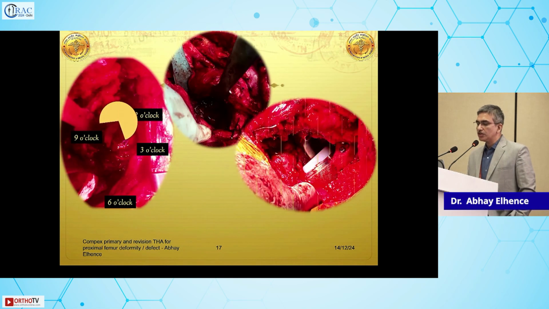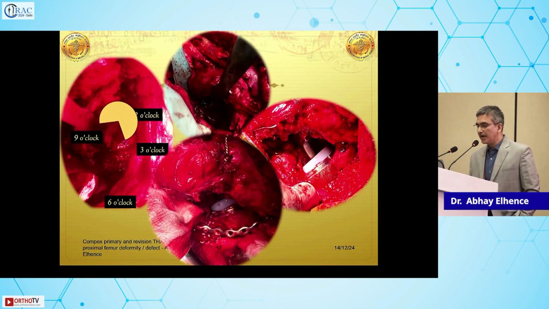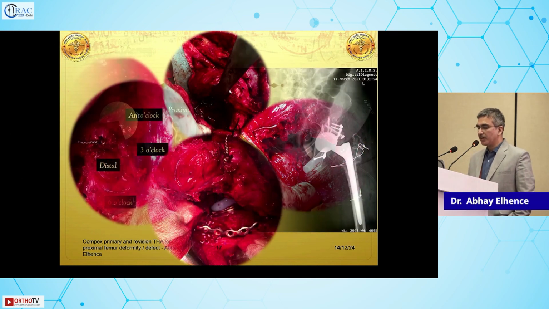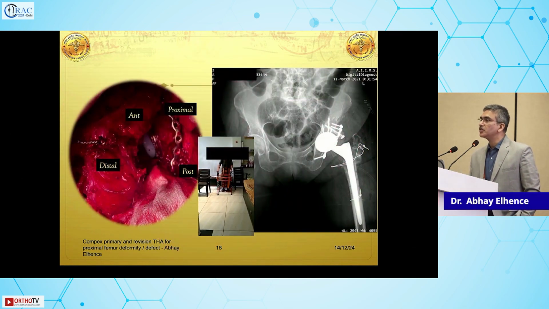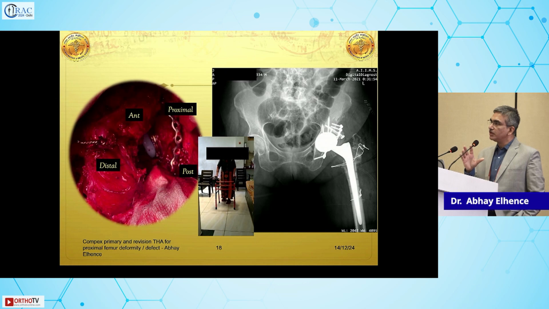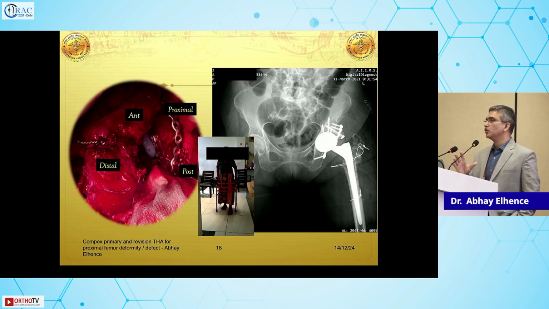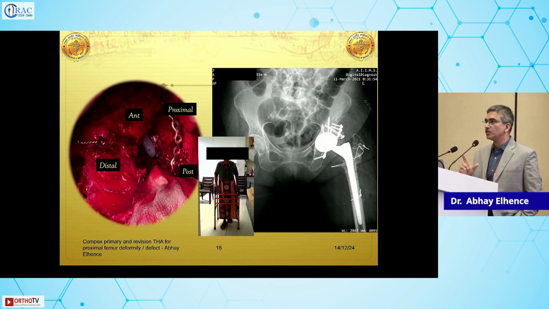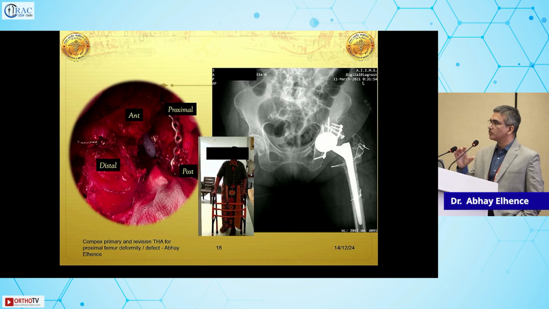Again, solutions need to be tailored to the problem at hand. The acetabular solutions are very simple, but you need to factor in what you will do. So always have an optimum femur stem which will do all the jobs for you. These are not situations where your metaphyseal fixing stems will do the job.